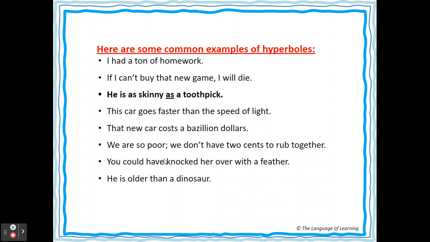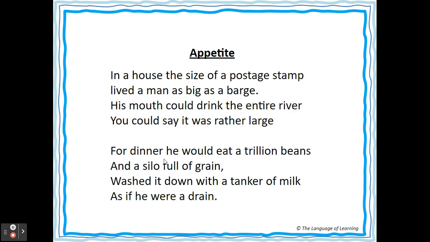So here are some common examples of things, and just think about, what's the point that they're trying to make. So when it says, the new car cost $1 bazillion, well, no, but what are they trying to say? So go through each one and think about that. And here we have some examples of similes and idioms. All right, here's one called appetite.